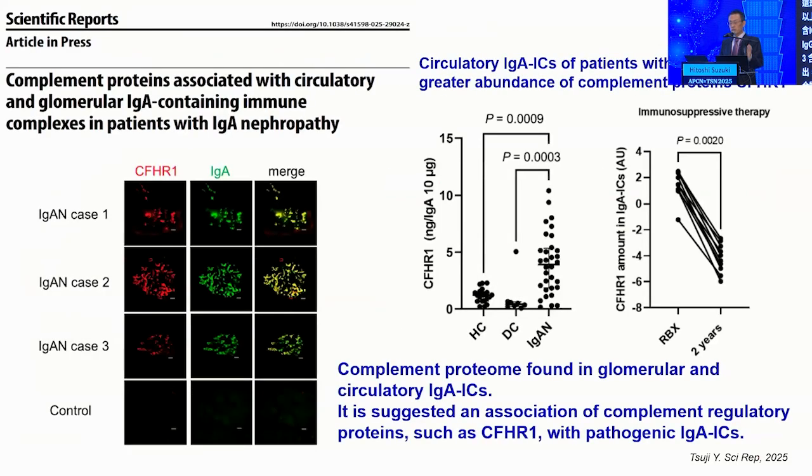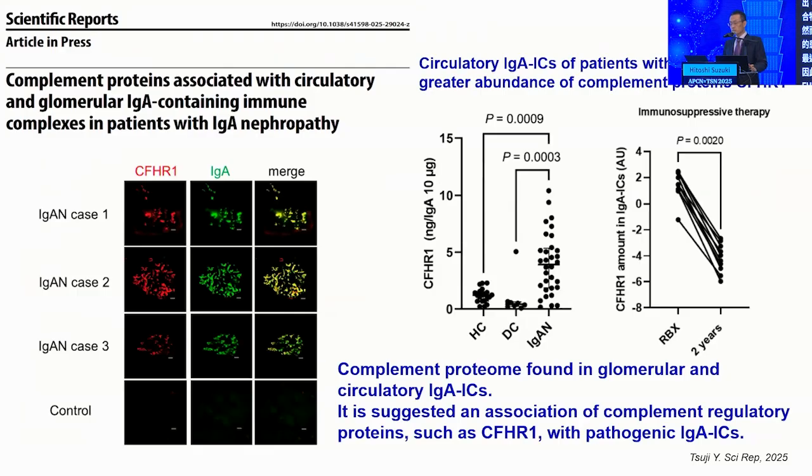Recently, a paper was published in Scientific Reports. CFHR1 is positive in many cases of IgA nephropathy patients. Circulatory IgA-containing immune complexes of patients with IgA nephropathy have a greater abundance of complement protein CFHR1.